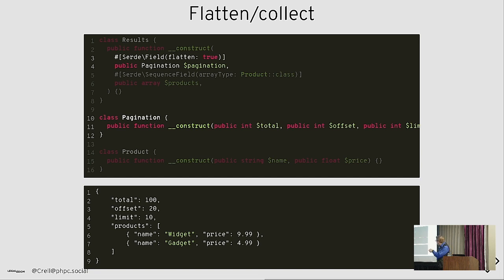So we say, all right, this field, flatten it. And then the properties in that object just get moved up a level into the output. And it works the other way around as well. You can deserialize this value back into this object. As I said, Rust Serde can do this, Symfony cannot.